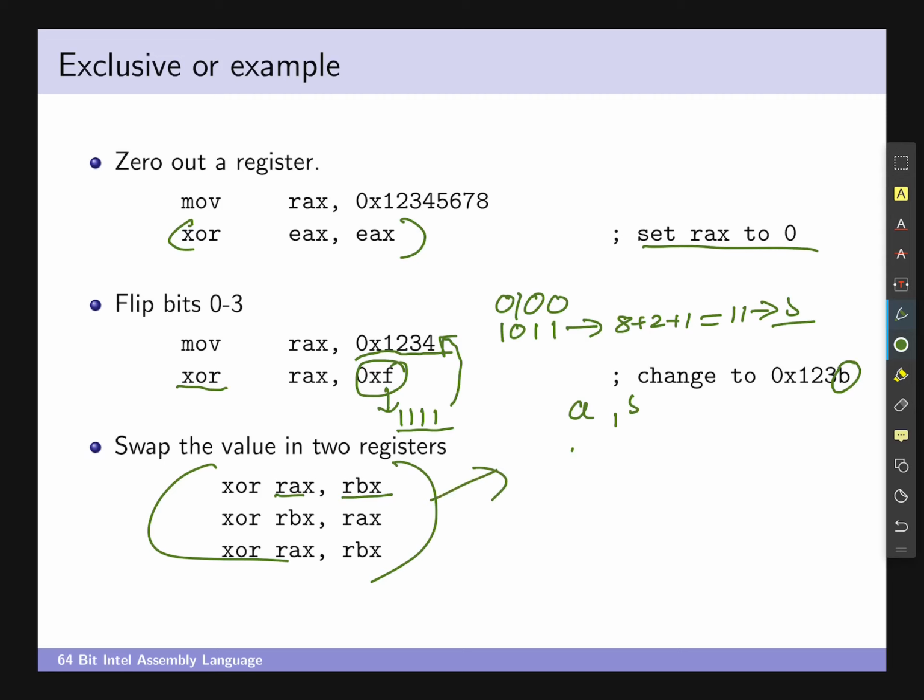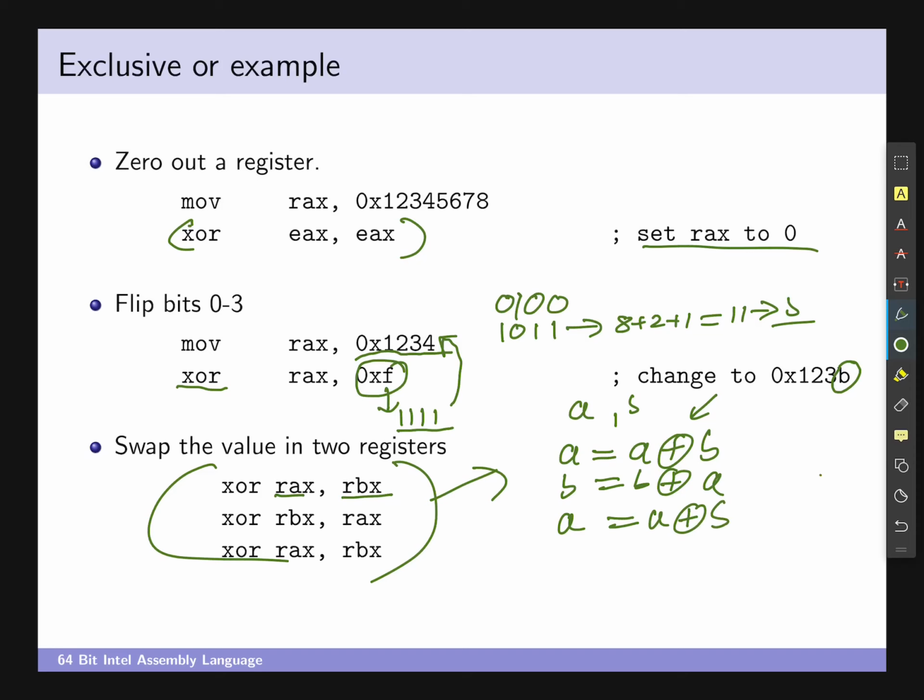The first instruction is basically setting A to be equal to A XOR B. By the way, that's the notation for XOR, just common notation for it. Then I'm setting B equal to B XOR A. Then the last instruction is I'm setting A to be A XOR B.